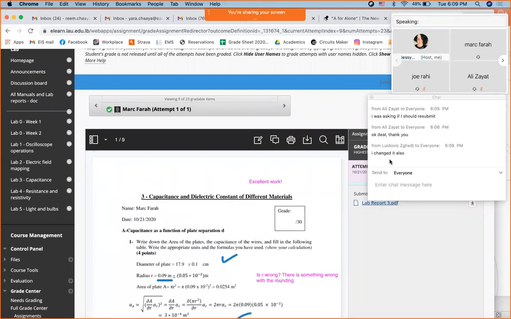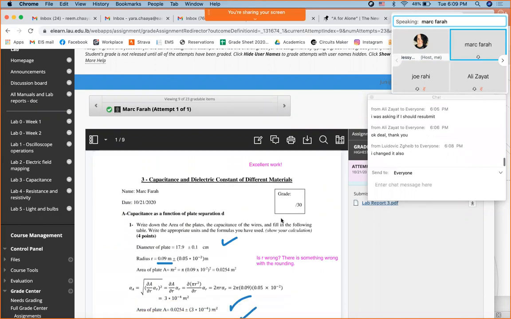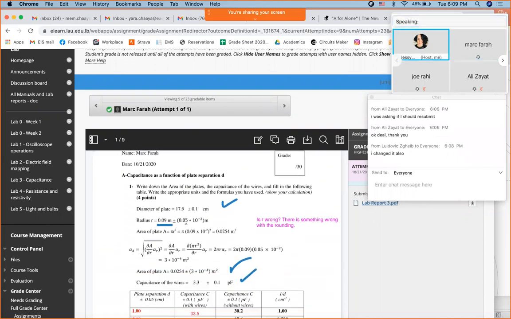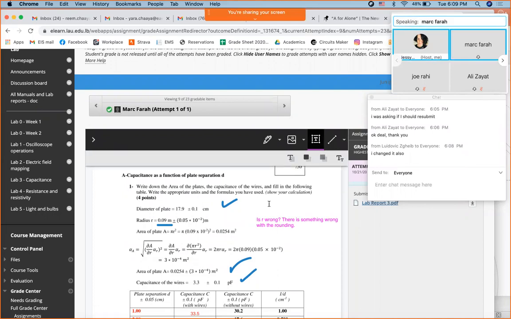So I changed it also. Okay, so my issue is the following. Let me type the error. The error is not wrong because it's 0.05 centimeters, right? So it's 0.0005 meters, times 10 to the negative 2, which means I have 4 decimals for the error. So your radius should be 4 decimals as well.